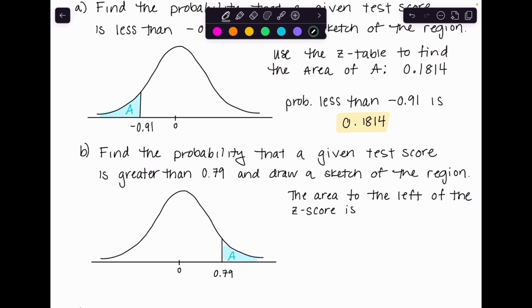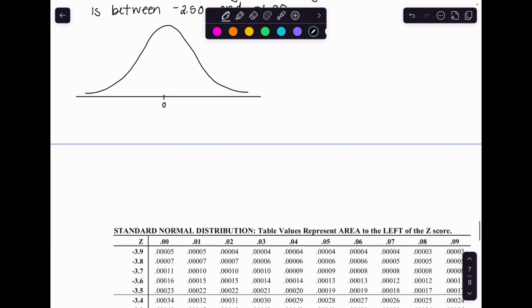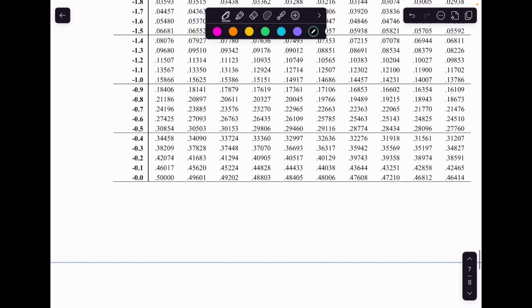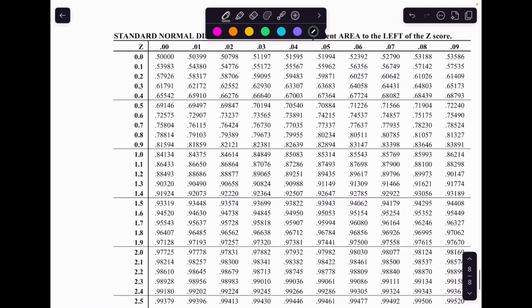is the following. I have to go to my positive values, so I need to go down here, and I need 0.79, so here's my 0.7, and I need to go over to 0.9, which is all the way at the end. So the area to the left would be 0.7852.